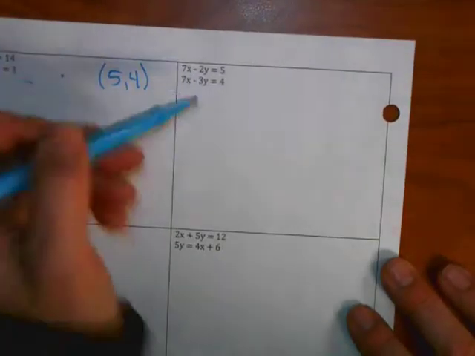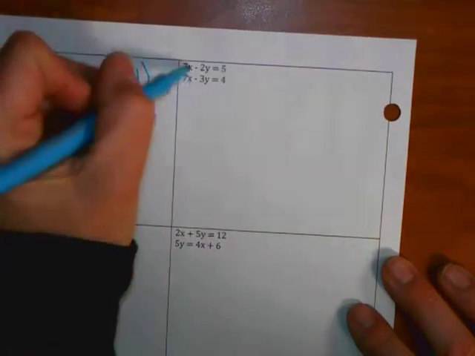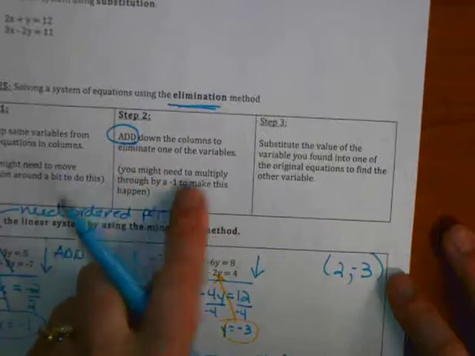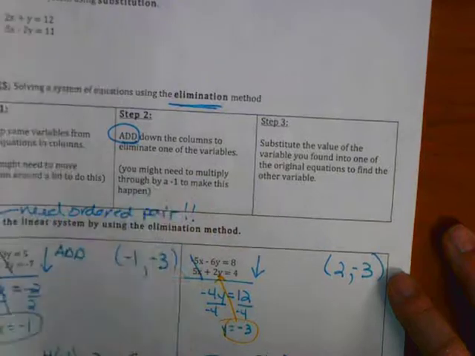Are my x's and y's lined up? Will I eliminate one as they are right now? You may be tempted to say the x's, but they're not opposite signs, so no. If you added, you would have 14x here, and that doesn't work for me. So if you go back here, what did I say right here? You might need to multiply through by a negative 1 to make this happen.